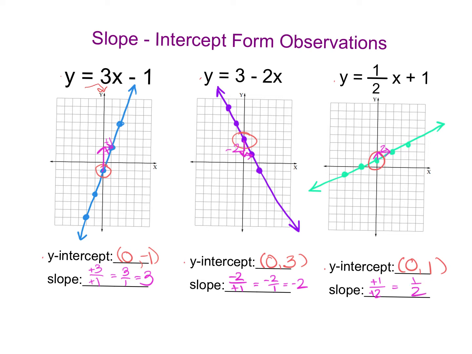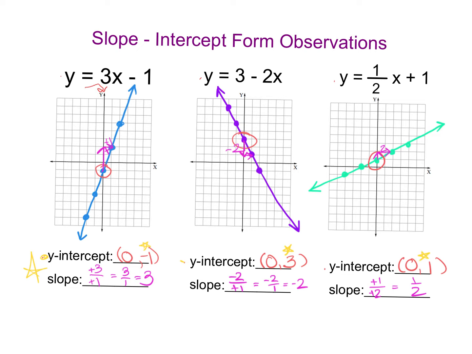So what we need to do at this point is look at this key information, and then make an observation about how these pieces of key information down here relate to our equations up top. And I'm going to focus first on the y-intercept points. So here I see y-intercept is -1 here, +3 here, and +1 here.